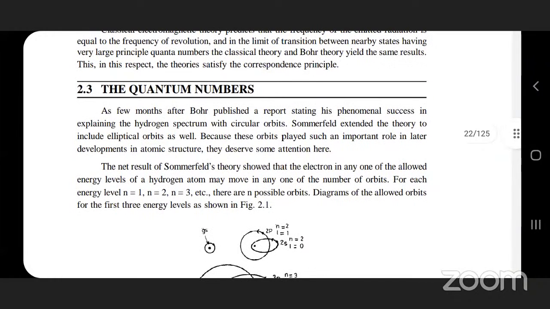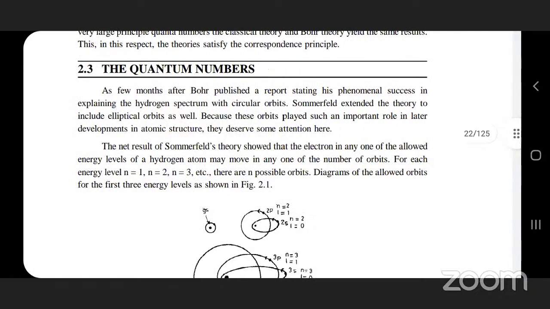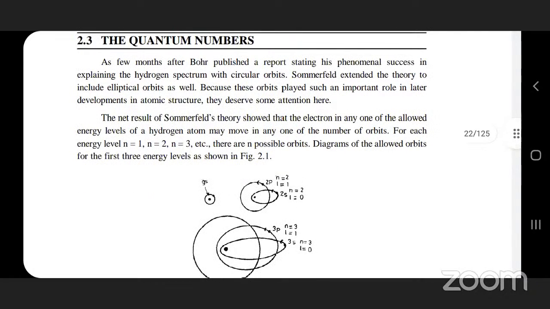What are the quantum numbers here? According to Bohr's as well as Sommerfeld's theory, Bohr said that the electron in the hydrogen atom revolves only in a circular orbit, which was corrected by Sommerfeld to an elliptical orbit. These orbits played a very important role in developing the atomic structure.